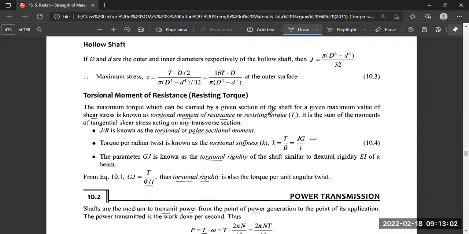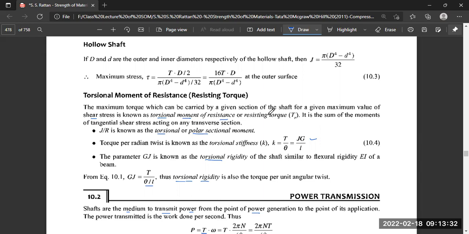The definition of elastic limit is the amount of load or stress, whatever may be the type, maybe torsional, tensile or compressive, up to which the deformation induced in the shaft will go back to the original shape and size when the external load is removed. This is known as the elasticity of the shaft, and the load up to which this phenomenon is possible is known as the elastic limit.